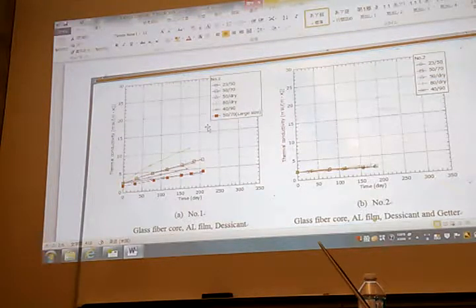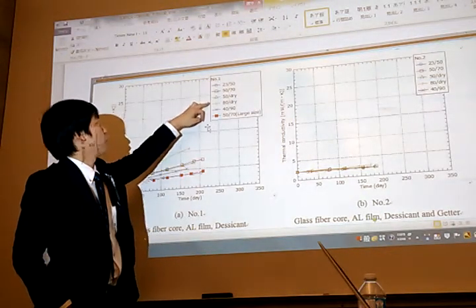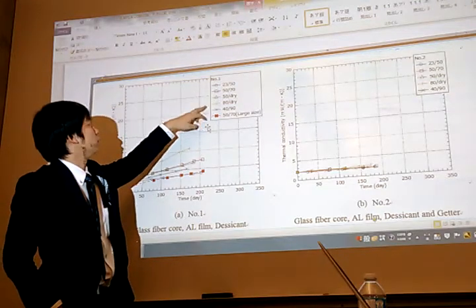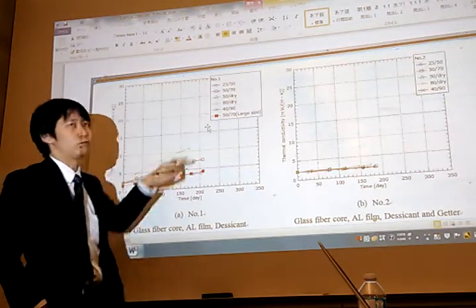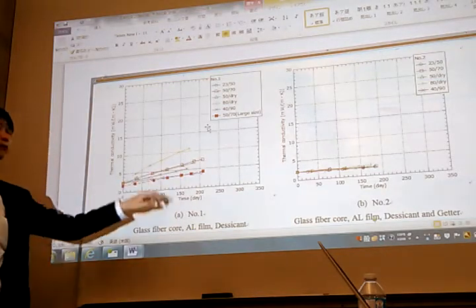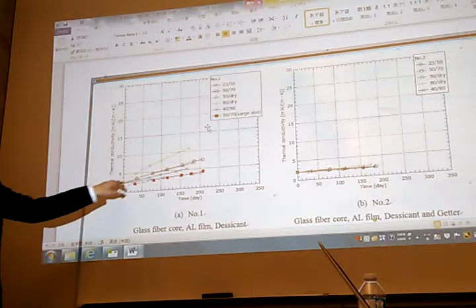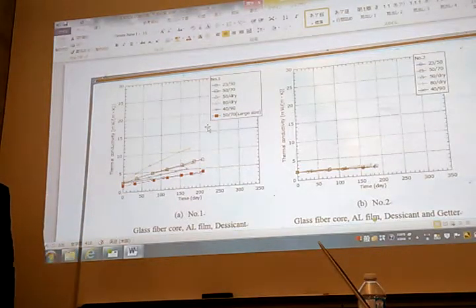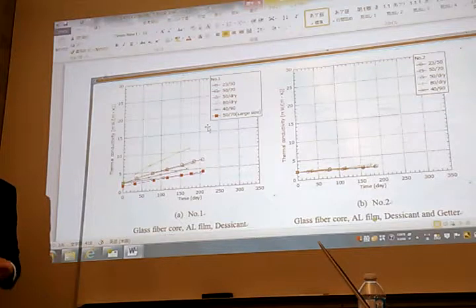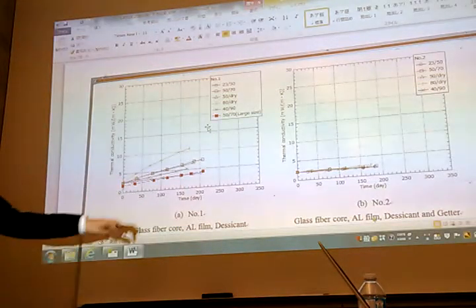But high humidity, the maximum humidity you had, and humidity is different. The red line and the green line on the right side, this data is not different. So this data shows water vapor is captured by the desiccant. That's again very important.